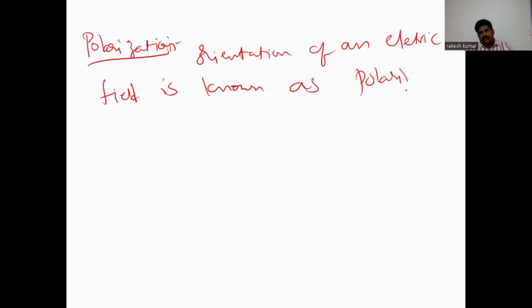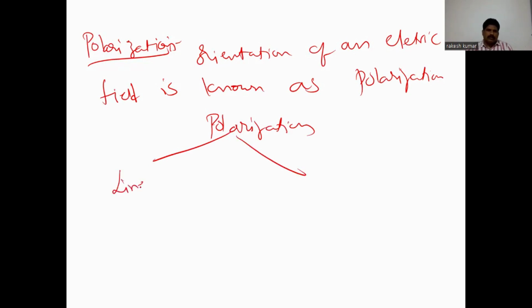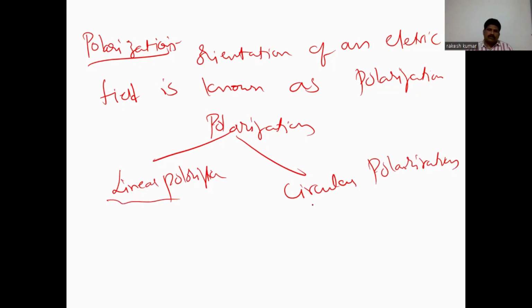Coming to polarization, there are different types: linear polarization and circular polarization. What is meant by linear polarization and what is the difference between it and circular polarization?